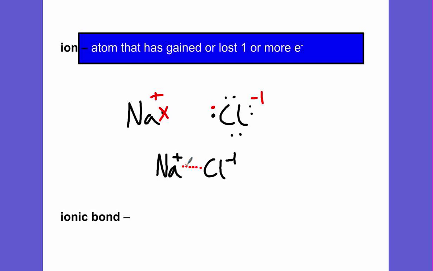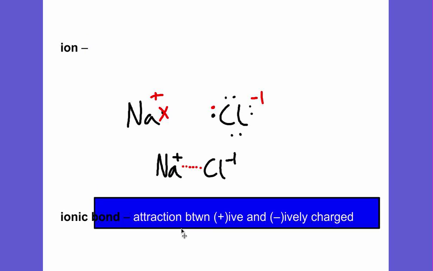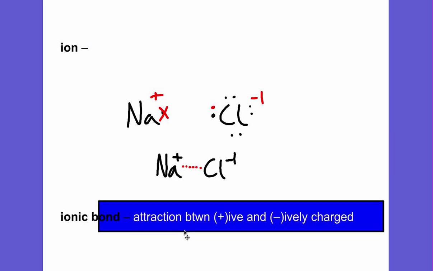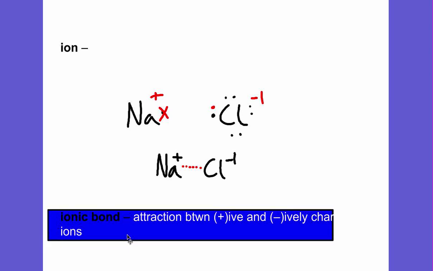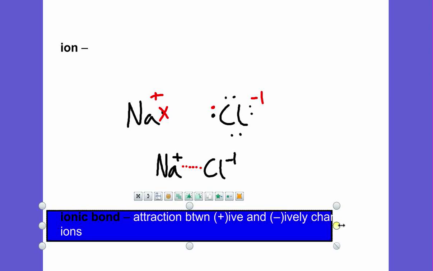Right, so this dotted line of attraction between the two is that ionic bond. Your definition for an ionic bond is just that attraction between negative and positively charged ions. Let's say ions down there, is just cut off a little bit.